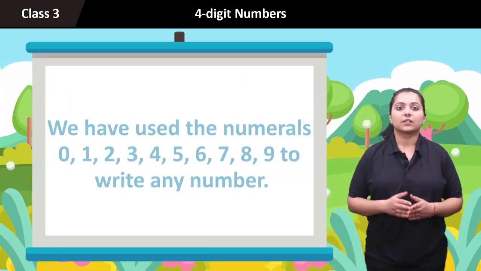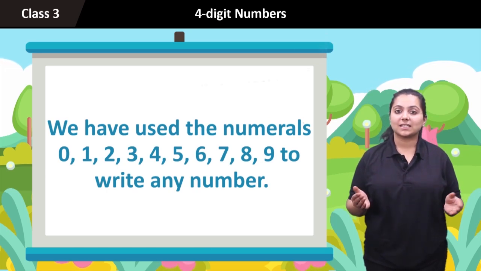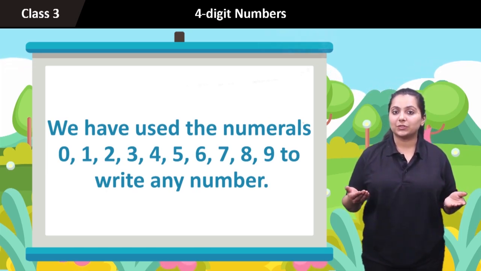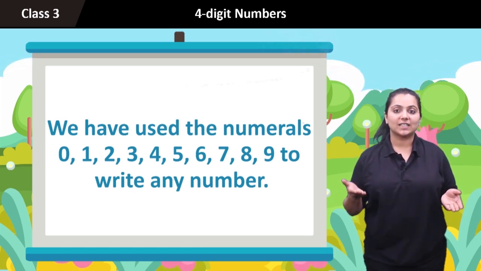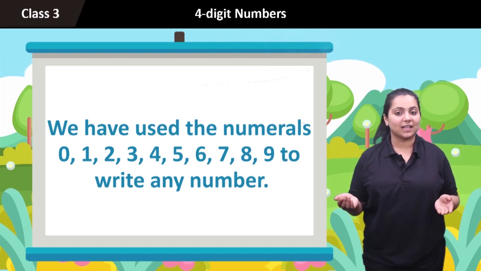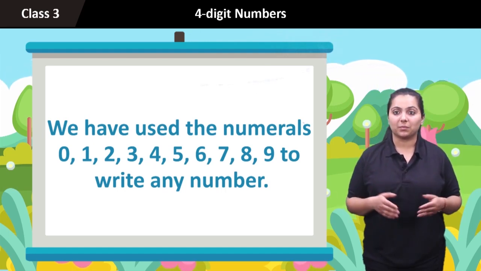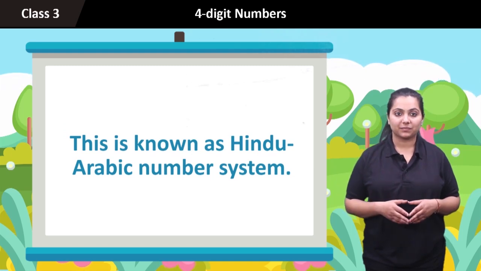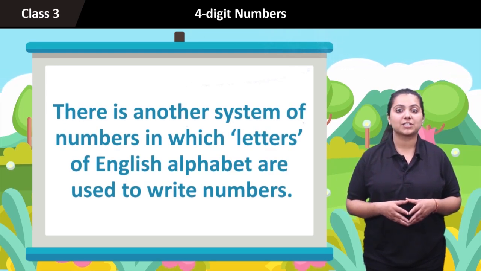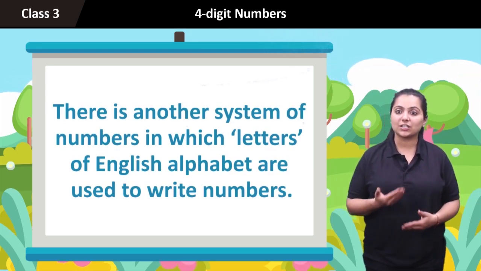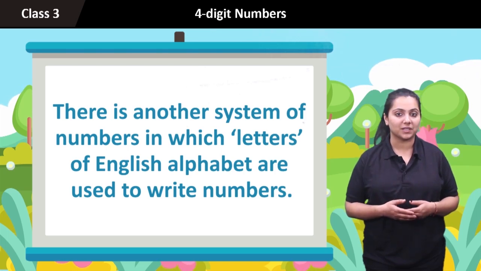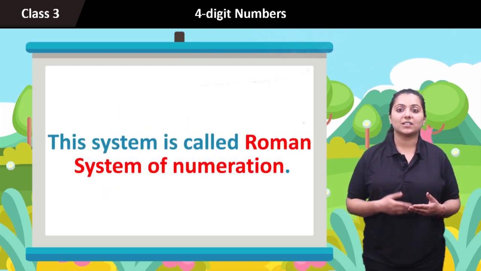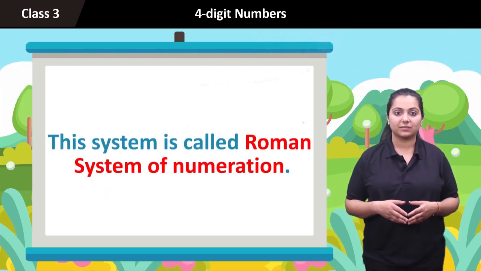Roman numbers. We have used the numerals 0, 1, 2, 3, 4, 5, 6, 7, 8, 9 to write any number. This is known as Hindu-Arabic number system. There is another system of numbers in which letters of English alphabets are used to write numbers. This system is called Roman system of numeration.